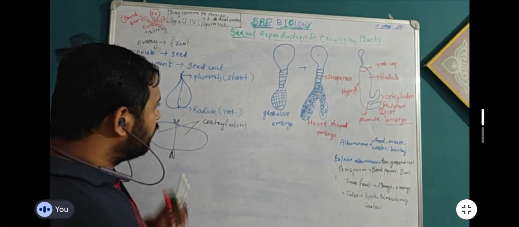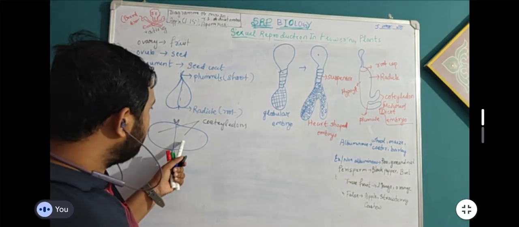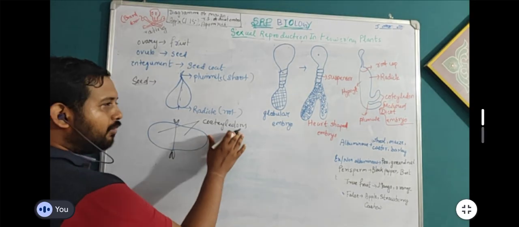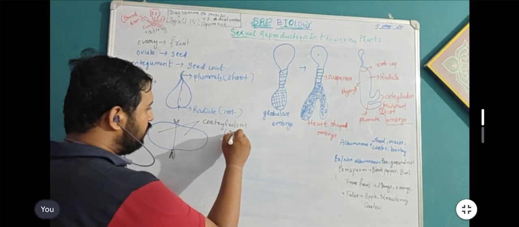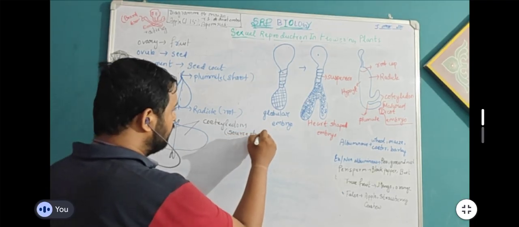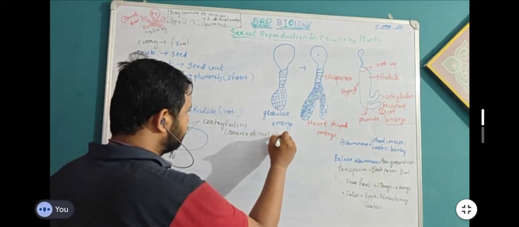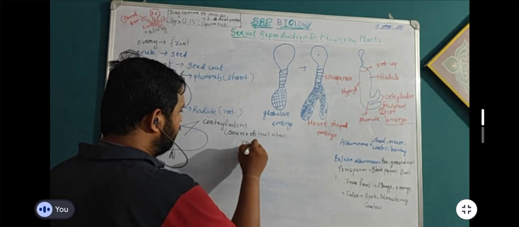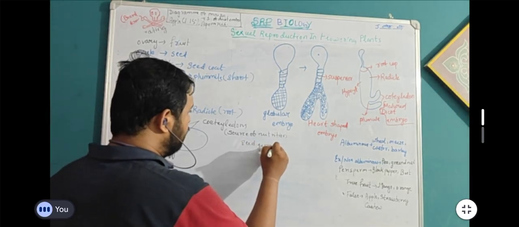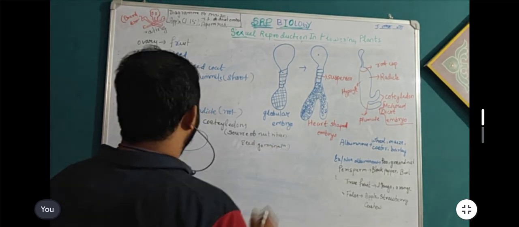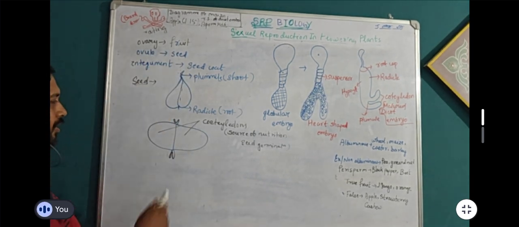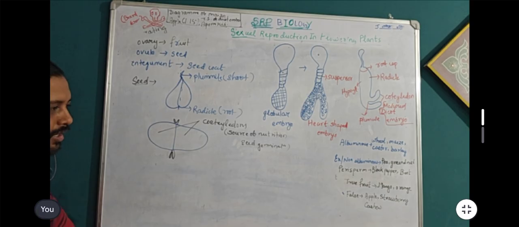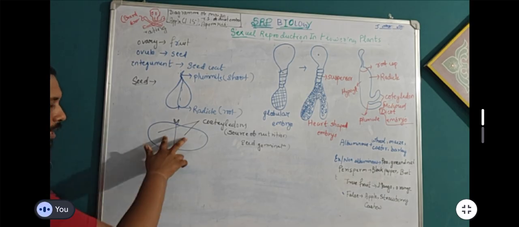So what is the function of cotyledon? This cotyledon is the source of nutrition during seed germination. And mostly your cotyledon in dicot plants like legumes, they are mostly proteinous in nature.